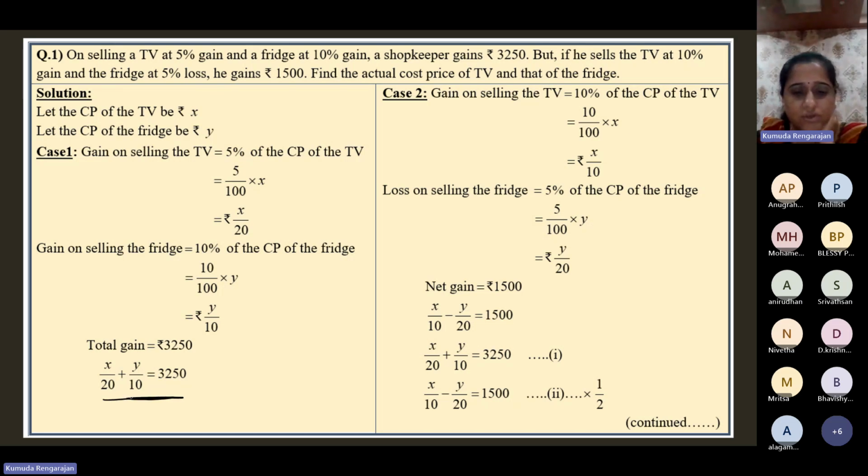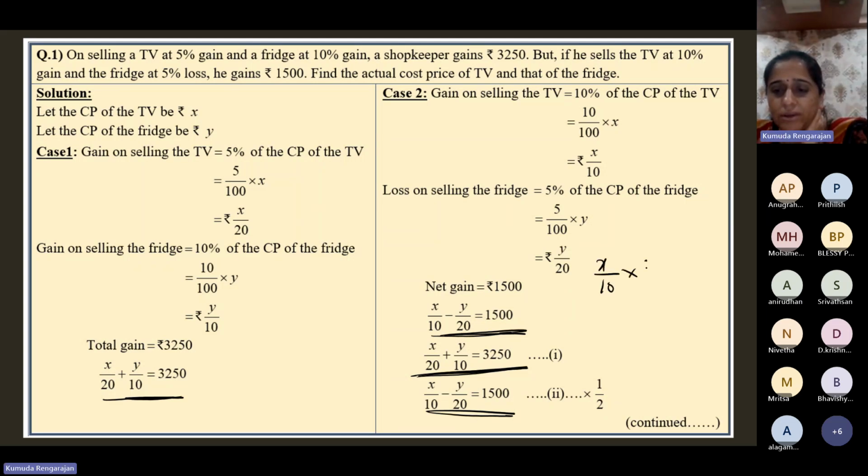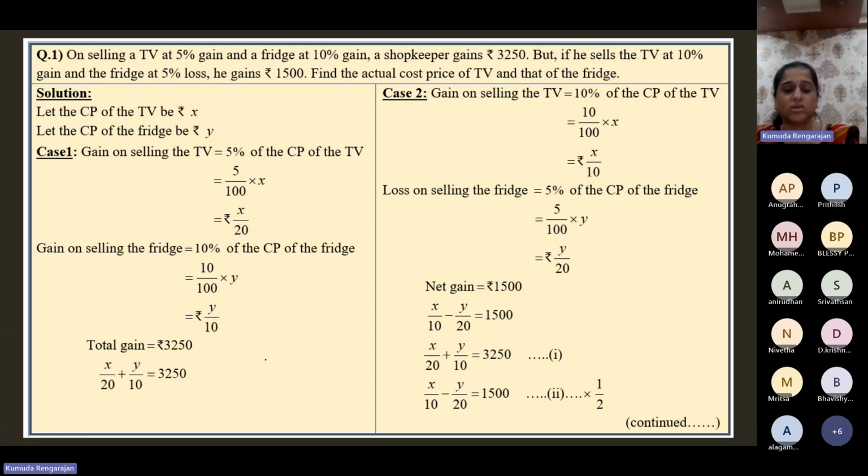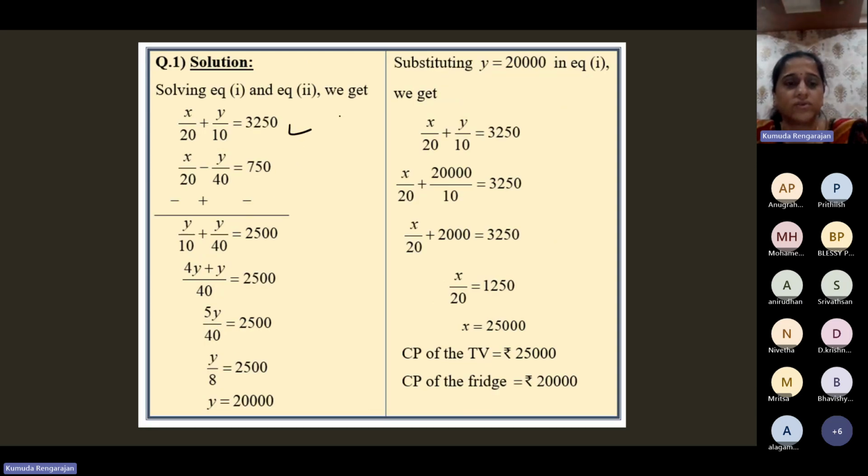This is the first equation. You can see it here, children. This is the second equation. I've multiplied the second equation by 1 by 2, only the second equation, not the first.